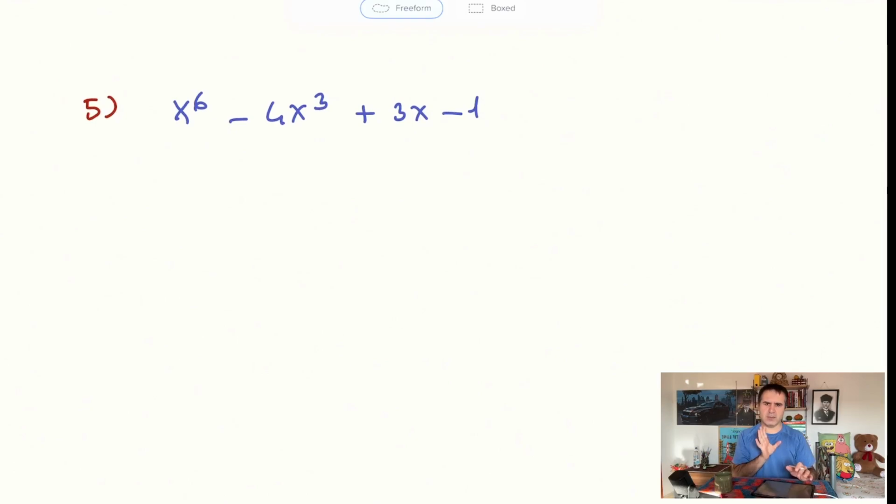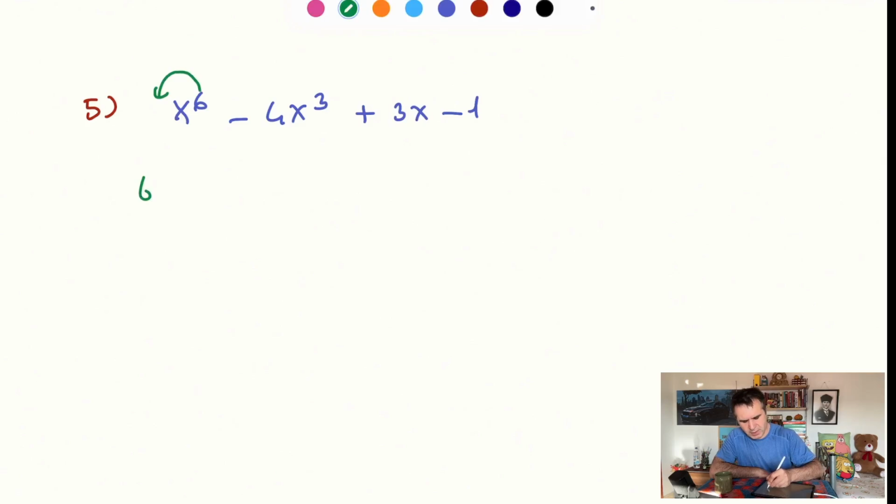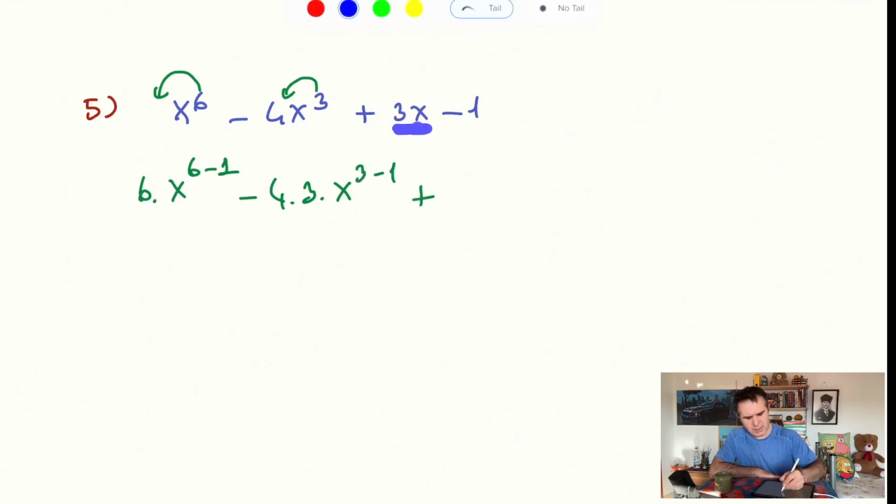Again, when taking the derivative of polynomial functions, we consider each term one by one and constants will not affect the derivative. So take the exponent here as multiplication, and x to the power of 6 minus 1, minus constant is 4. Take this 3 as coefficient here, 3 times x to the power of 3 minus 1, plus 3x.